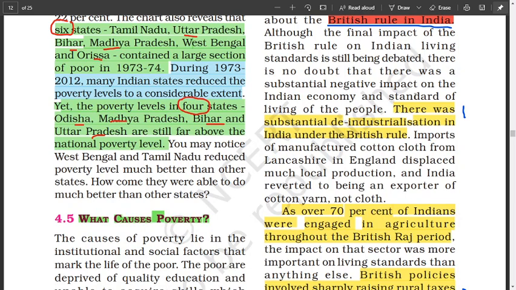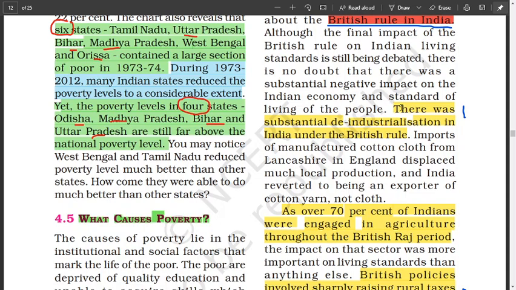So if we were to look back at those conditions, we have to understand that they are part of the problem that we face today. So let's list down four or five points about what we experienced under British rule. Number one, there was substantial deindustrialization in India under British rule.